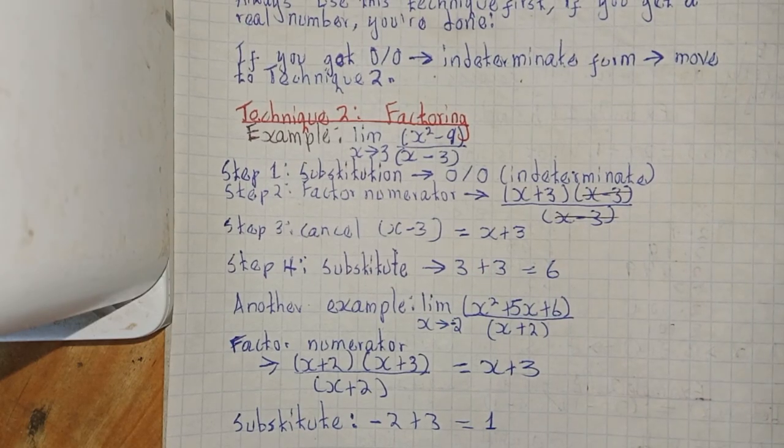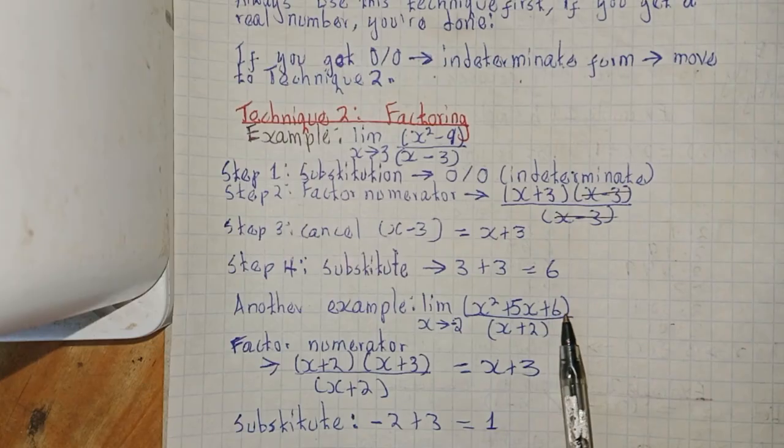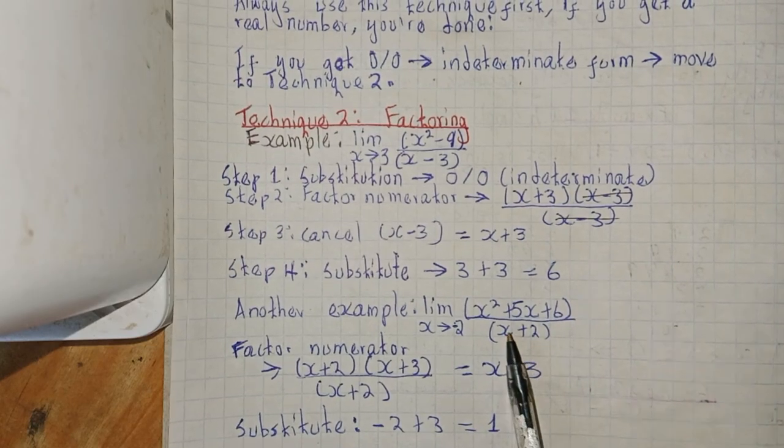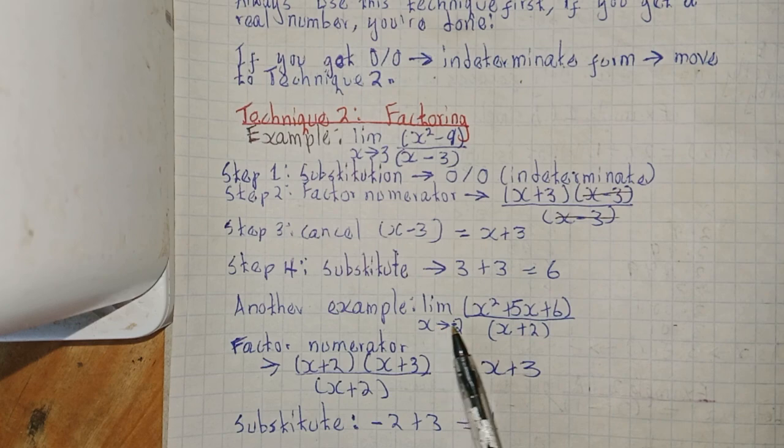Another example, a second example, is finding the limit of the function x squared plus 5x plus 6 all over x plus 2, as x approaches negative 2.